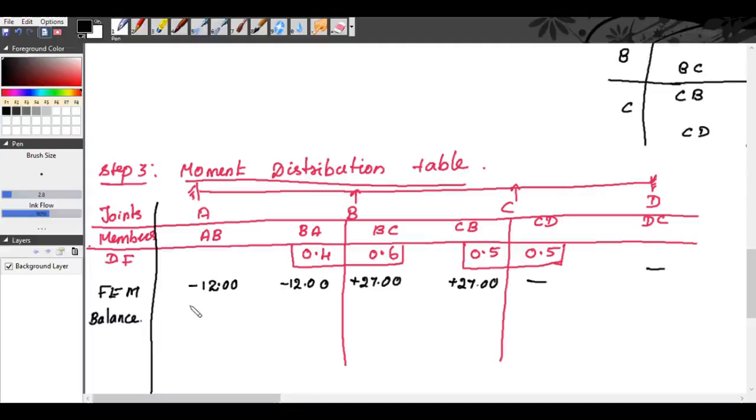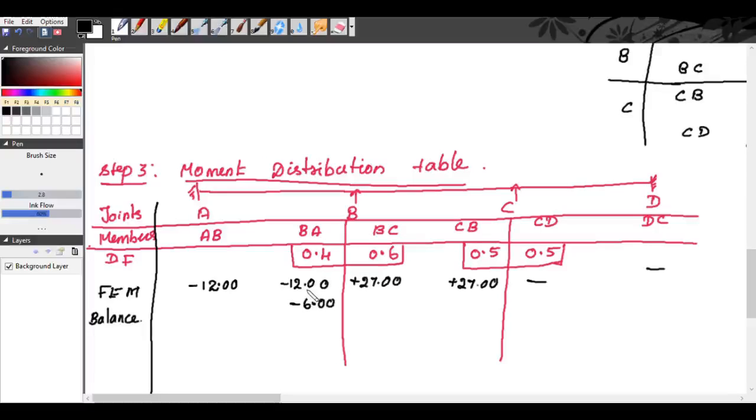So balance it: minus 12 plus 27, multiplied by 0.4. Add minus 12 and plus 27 and multiply the value by 0.4. We get plus 6. So for balancing, we have to give it as minus 6.00.